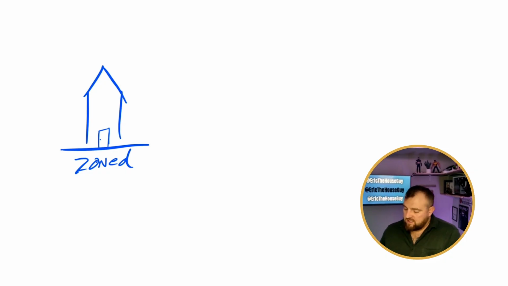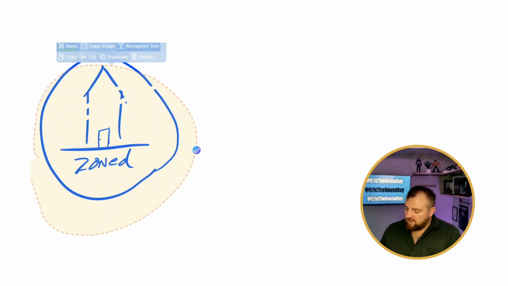Zoning is essentially your permit from the city or county to say, okay, you can use this property for this. So if we have residential zoning, then what that means is you can only use this property to live in as a primary residence.